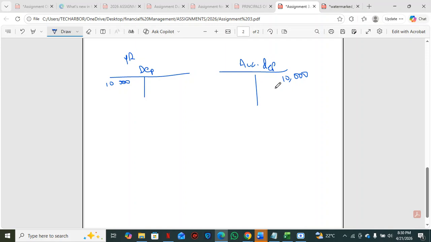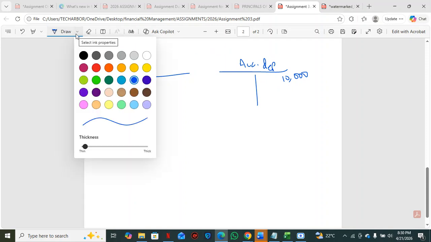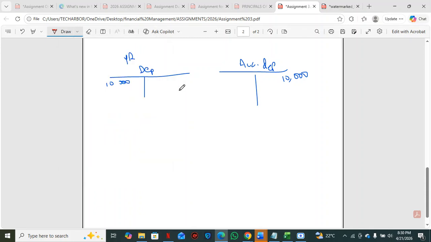You take the balance and transfer it to the next year. The depreciation expense account is a temporary account. Every year you have to close it. How you close it, you credit it 10,000 and transfer to the statement of profit or loss, and you have closed the balance to 0.